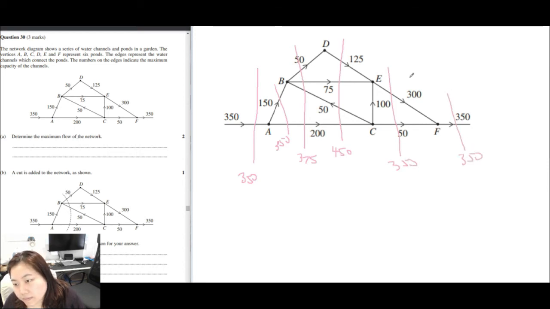Now to do some funky ones. Let's do that one. That's 3, 4, 450. Wow. 650.